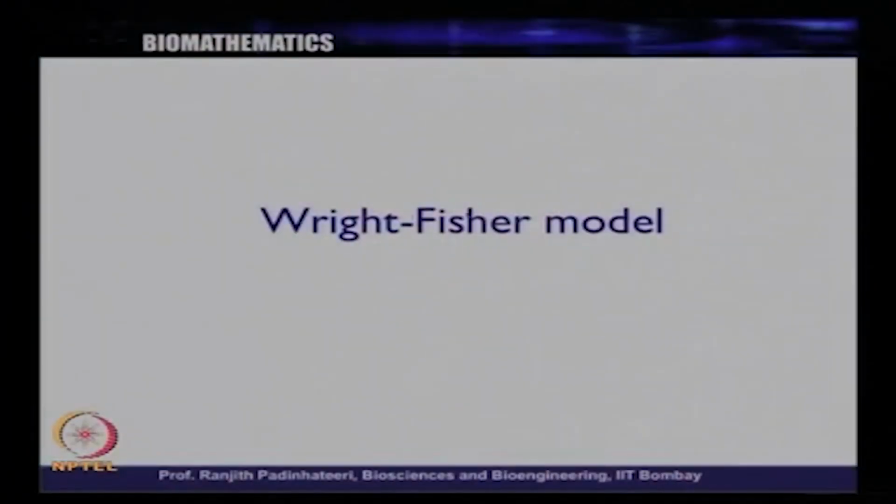Now, in that context, what is the simplest thing that can change as the generations go, and how do we think of it mathematically? One of the simplest models for this kind of thought is called the Wright-Fisher model. Today we will be discussing the Wright-Fisher model.